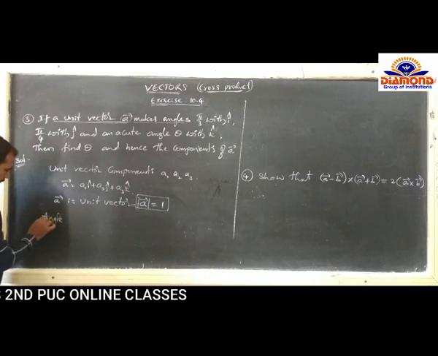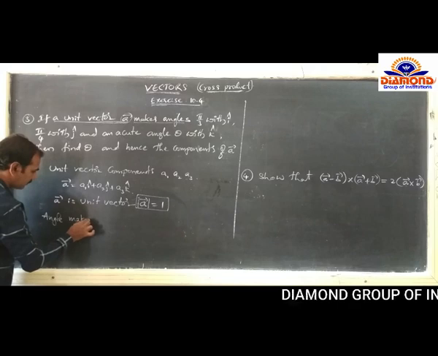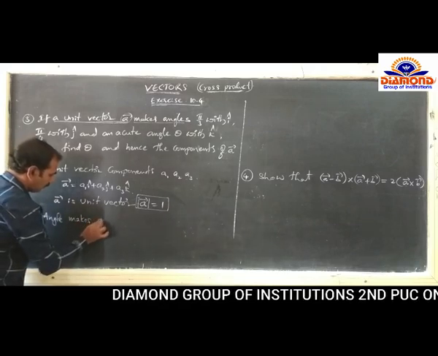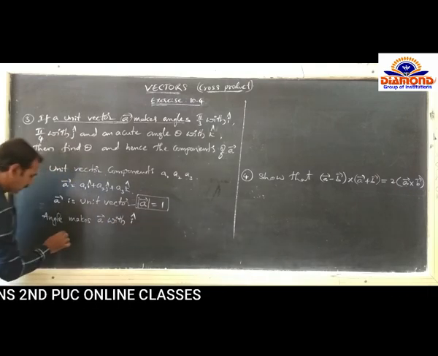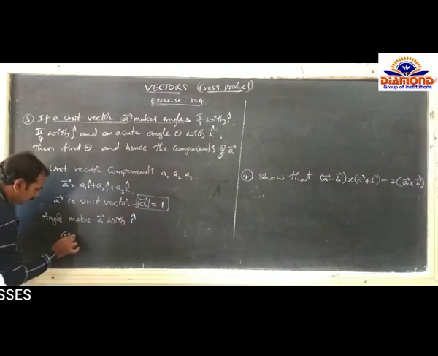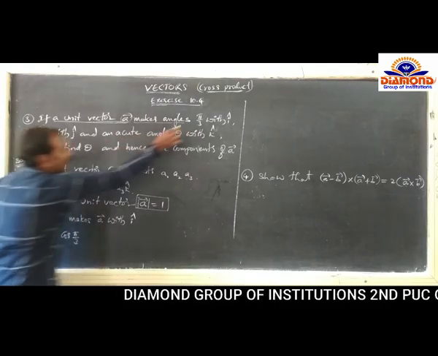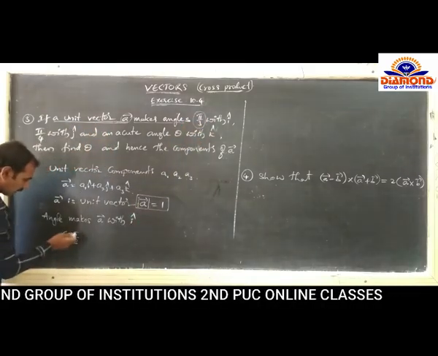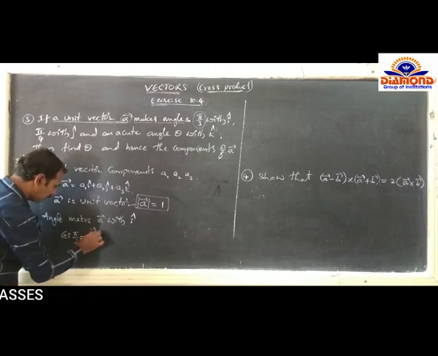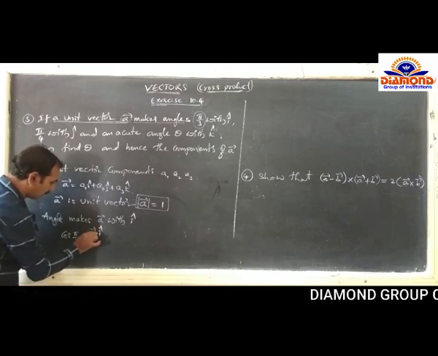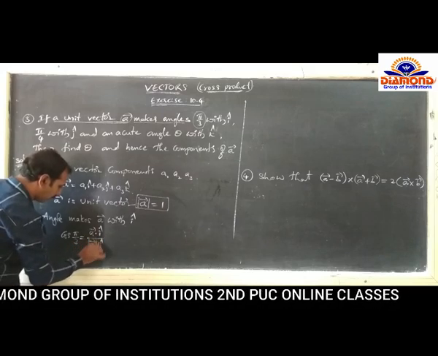The angle a makes with i cap is given by cos theta, meaning cos of pi by 3, equal to a bar dot i cap divided by magnitude of a into magnitude of i.